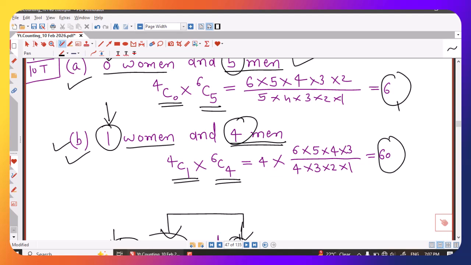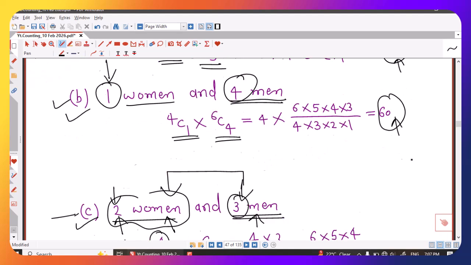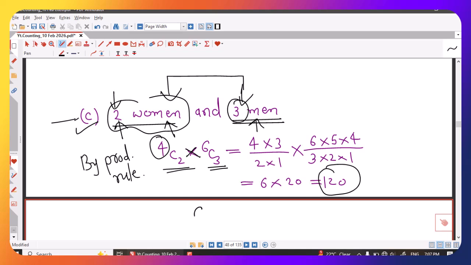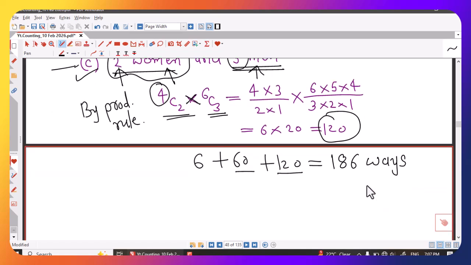So we have to add 6, 60 and 120, that is 120 plus 60, 180, and plus 6. So there are 186 ways that we can form a committee of 5 persons in which at most 2 are women.